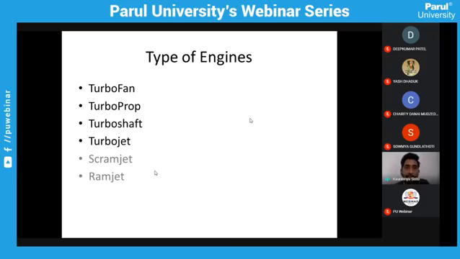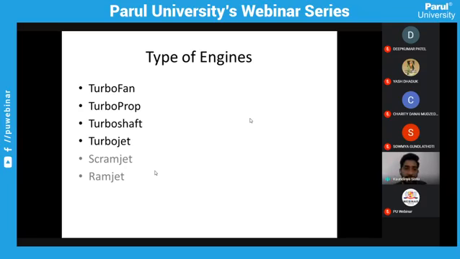There are many types of engines because development is happening every day, but mostly what we read about are these six types of engines: turbofan, turboprop, turboshaft, turbojet, scramjet, and ramjet.